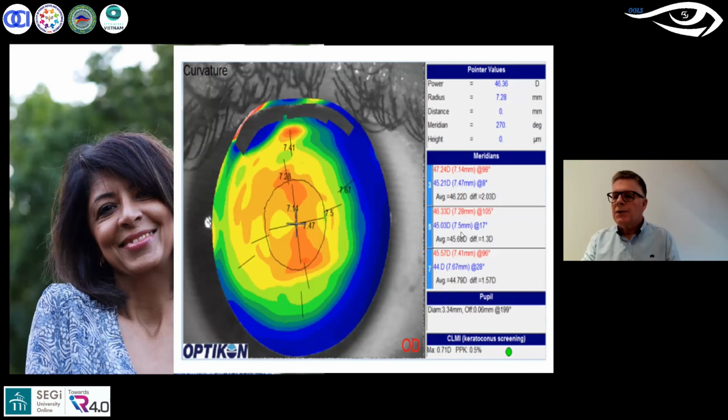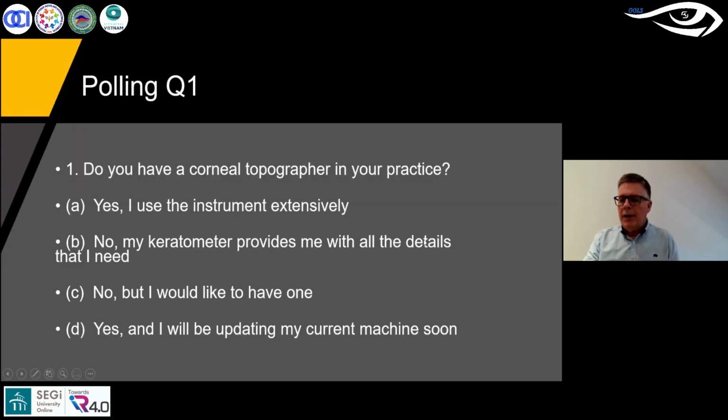I think this was a 2 diopter cylinder, and it shows up on the right hand side here as a 2.03 diopter cylinder. The axis was 8, and this married perfectly with Ros's spectacle prescription. But look what happens when we get beyond that 3mm marker. The cornea flattens out considerably and actually becomes almost spherical in the mid periphery.